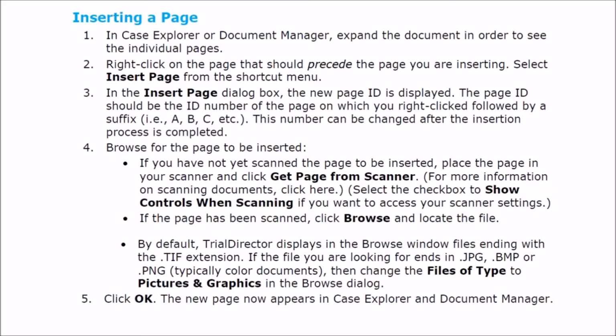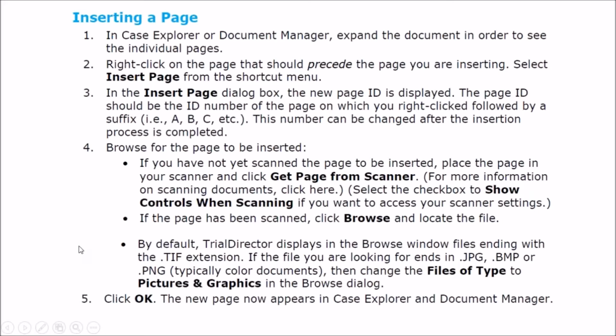So then you browse for the page to be inserted, and if you have not yet scanned the page to be inserted, place the page in your scanner and click Get Page from Scanner. If the page has been scanned, you can select Browse and locate the file. By default, TrialDirector displays in the browser window the files ending with TIFF extensions.